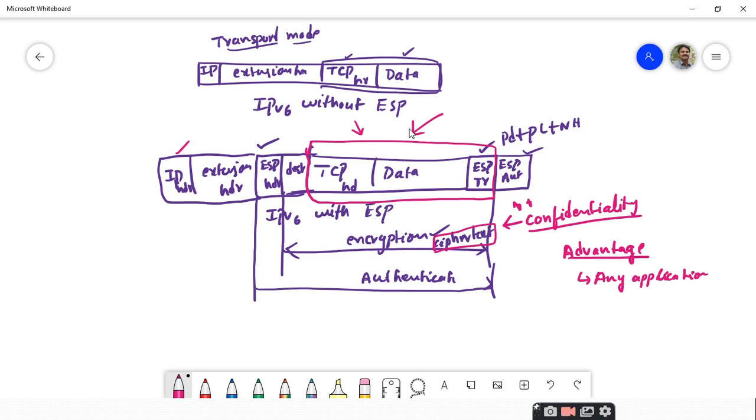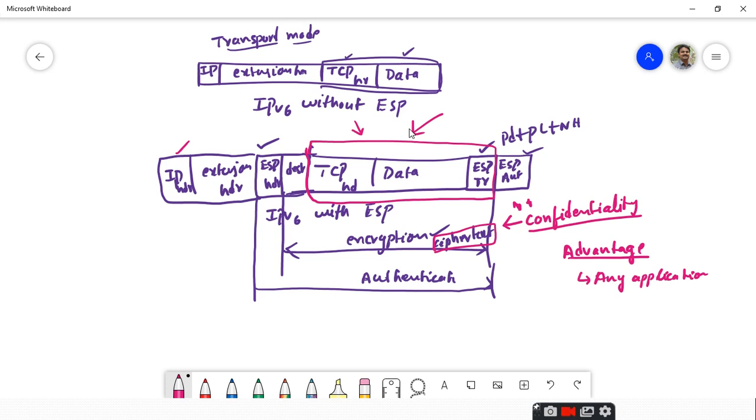What is this advantage, sir? It is a common thing that it can be used with any application. You need not separately include the security services inside each and every application. Since you are applying this ESP at the IP layer, every data that is transmitted from the application layer is going to be processed through this IP layer, and then everything will be secured.